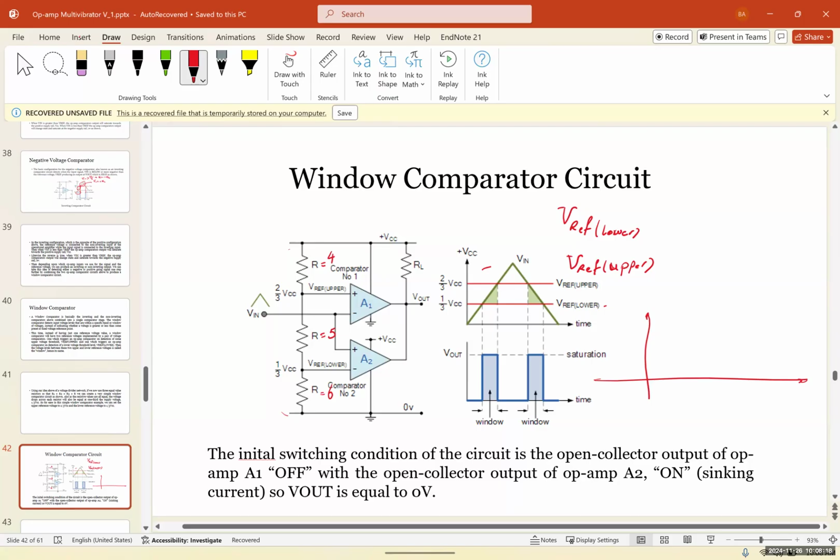Oh, and by the way, VCC is equal to 12. Is that the same VCC? Yes, VCC is connected to both of them.